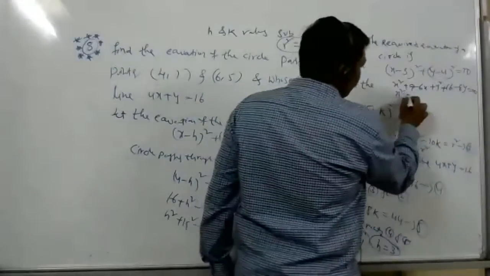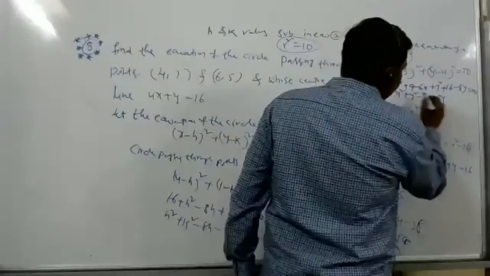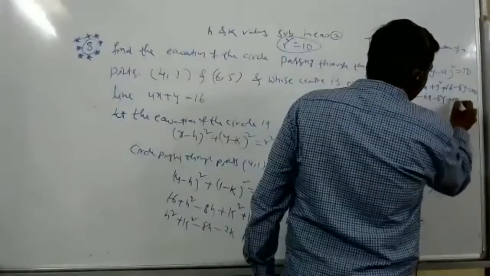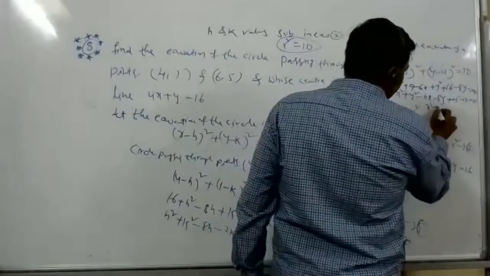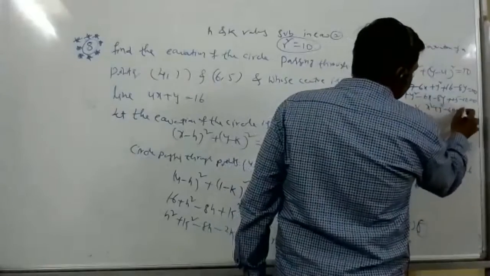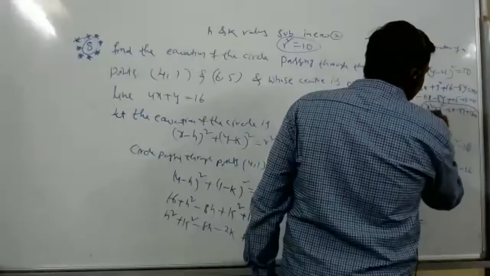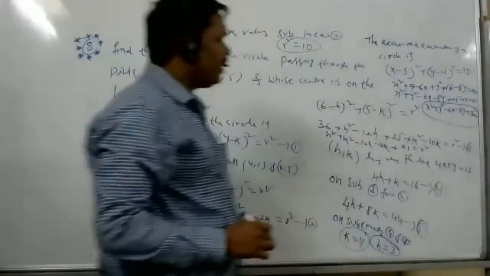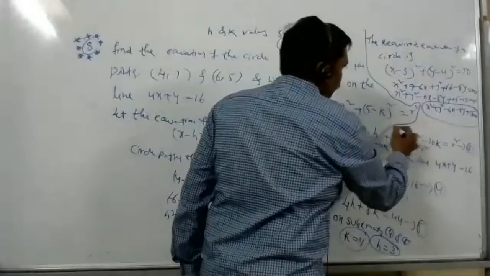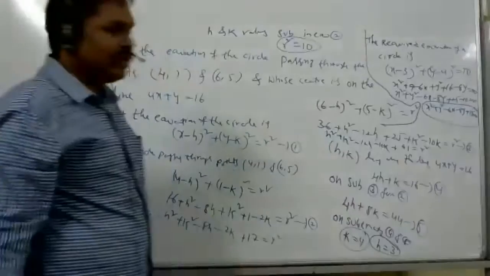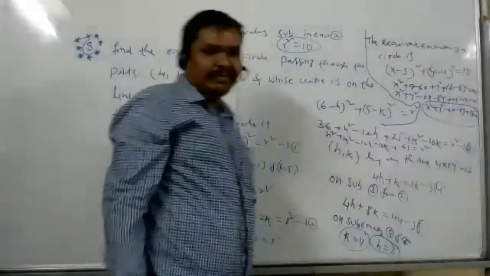Then the final answer: x square plus y square minus 6x minus 8y plus 15 is equal to 0. That is the final answer.